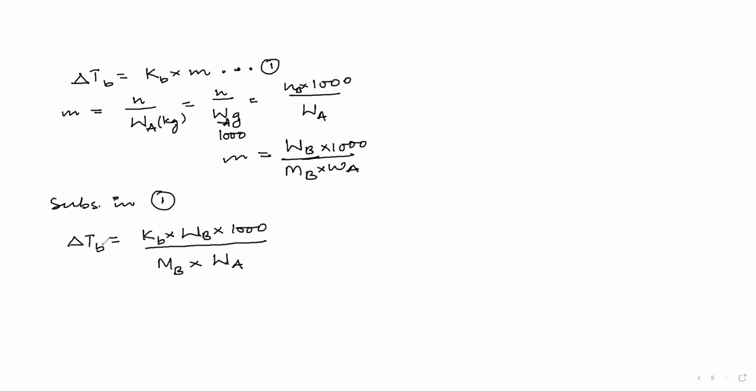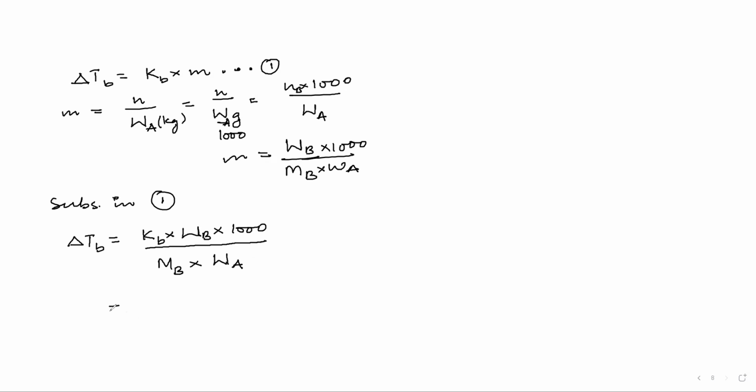You want to determine that elevation, so just boil that solution and see at what point it is boiling. Then you will get delta T_B, and you have the amount of solute that you are taking, because you are the one who is going to boil it. And then you have the mass, sorry, this is the mass of solvent. So by this also you can determine the molecular mass.